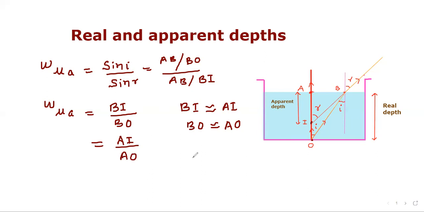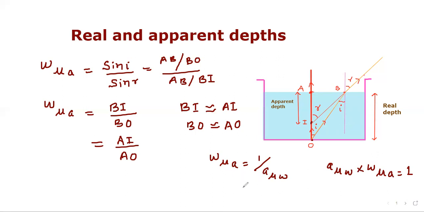Now, we know from the principle of reversibility, W mu A equal to 1 upon A mu W. Let's recall it: A mu W multiplied by W mu A equal to 1, from where we get W mu A equal to 1 upon A mu W. And that is 1 upon mu, because refractive index of air is taken to be 1 and refractive index of water is taken to be mu.